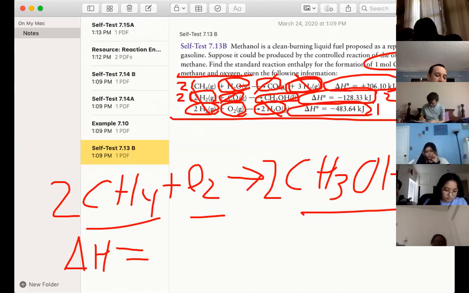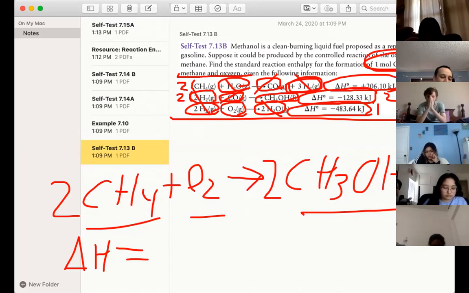So that's positive 154. And then you do this guy here, plus negative 484. So 154 and negative 484, that's going to be negative 330. Okay, so negative 330, but you've only got 1 methanol, and it asks you per one mole of methanol.